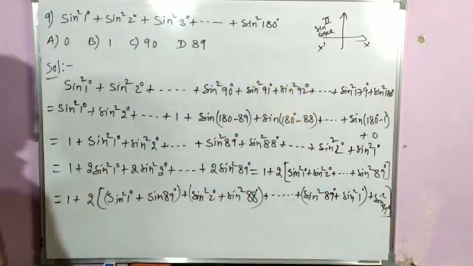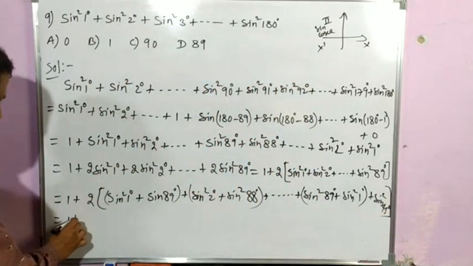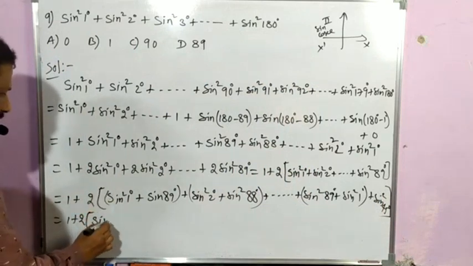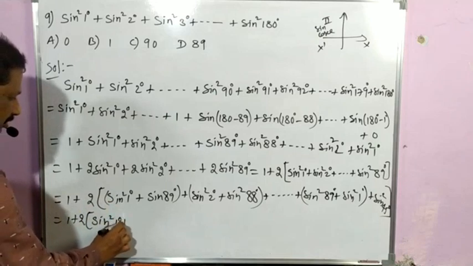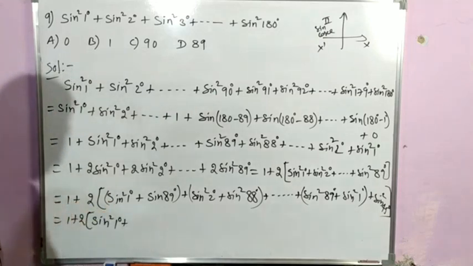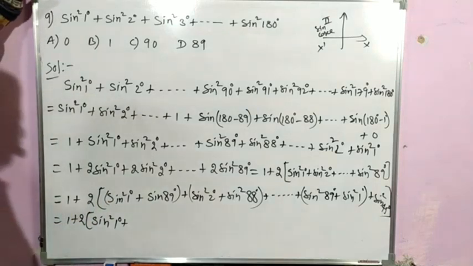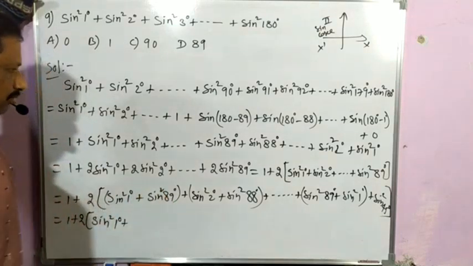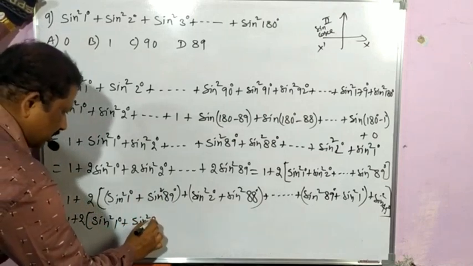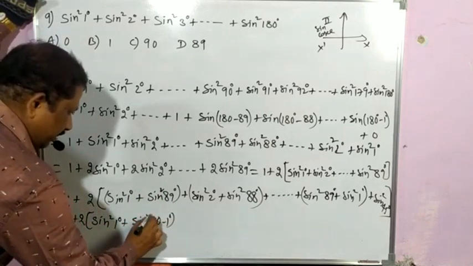You close the bracket. So this one becomes 2 into sine square 1 degree, which we can write as sine square of 90 minus 1 degree.